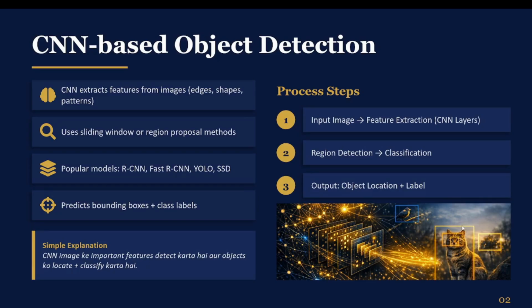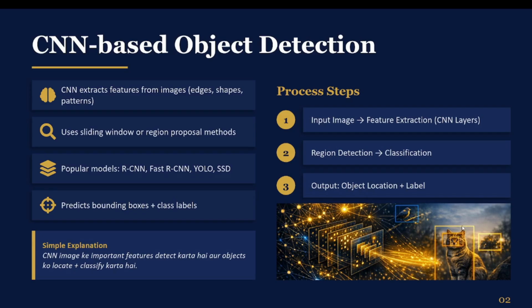Regardless of the specific model used, the overall process of CNN-based object detection follows three fundamental steps. First, the input image is fed into the CNN, which applies multiple convolutional layers to extract rich feature representations from the image.